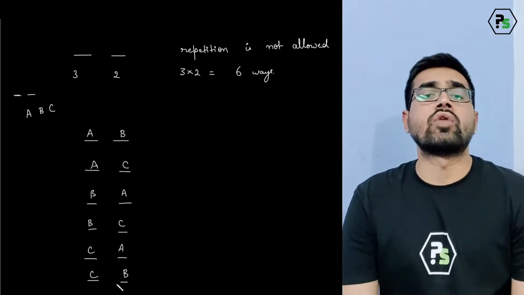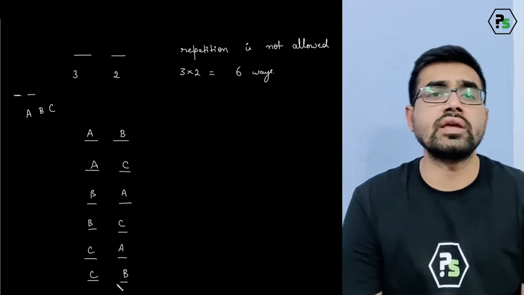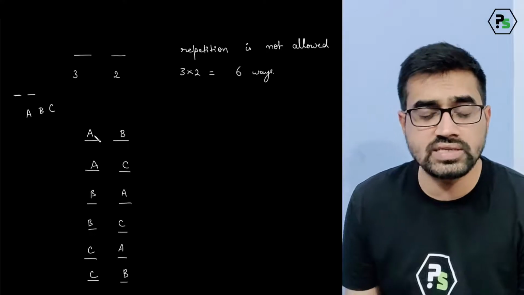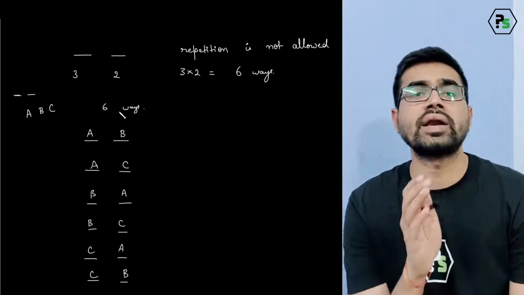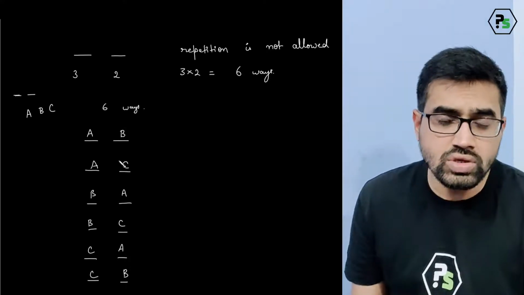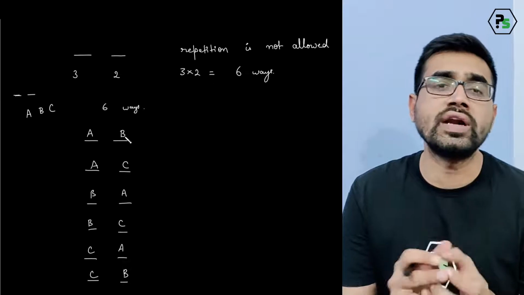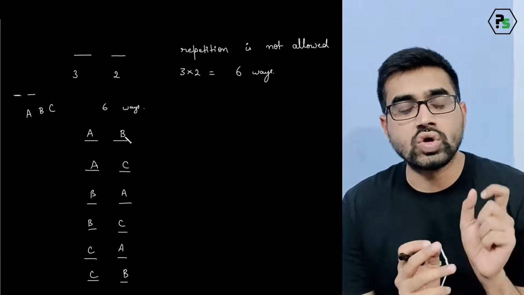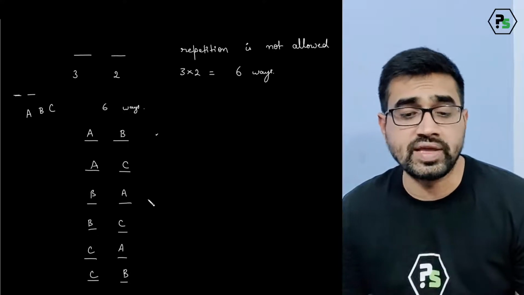Correct. Yeah, Deepika, I corrected it. So what we have to understand is that these are the only 6 ways. Obviously repetition is not allowed, so you can't repeat something again. This implies that the arrangement, the order, does matter, correct? So for me, AB is a different code than BA.